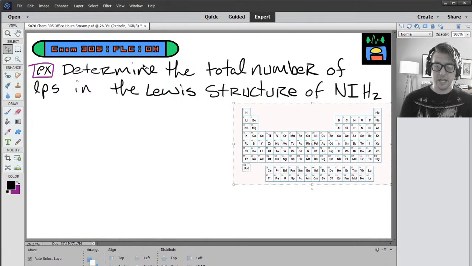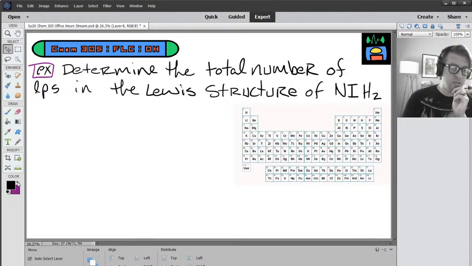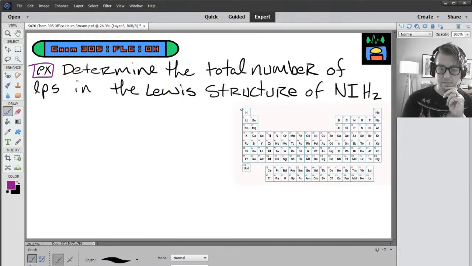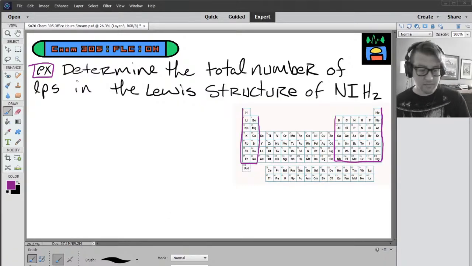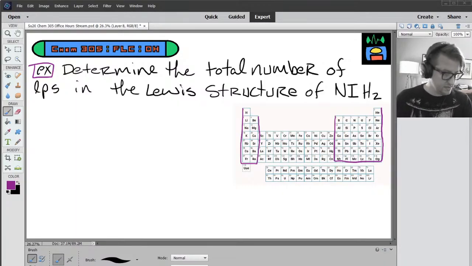So when you're determining the number of valence electrons, what you want to do is look at, again, the main group elements. Because again, we're not doing Lewis theory for transition metals.